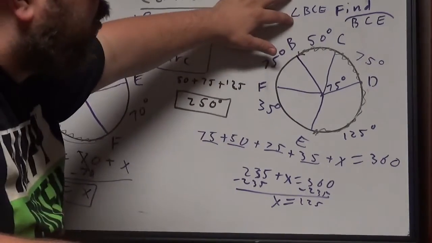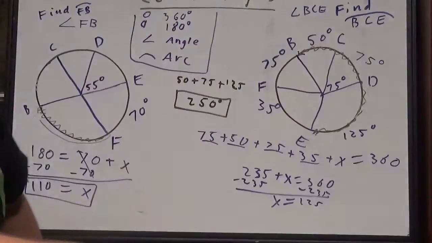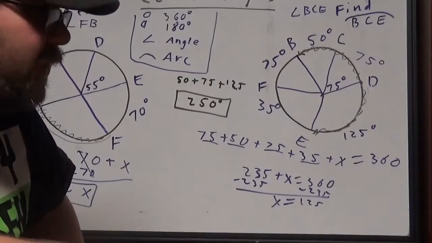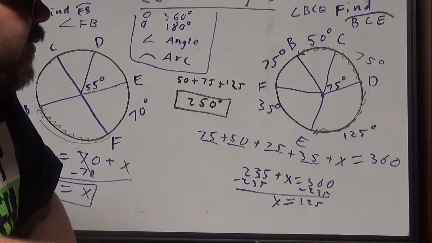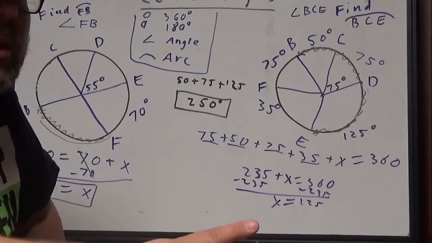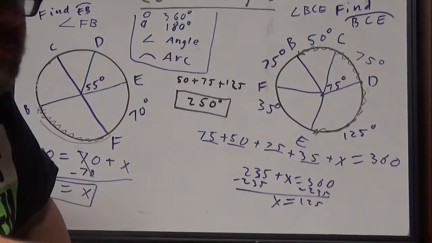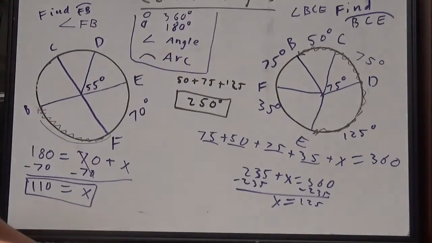I point that out because sometimes you'll be asked to find an angle instead of an arc. I took the first two problems off of the assignment that I'm putting up, so that's why they both randomly have arcs, but oftentimes they will ask you for angles.